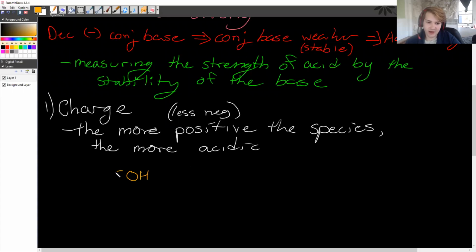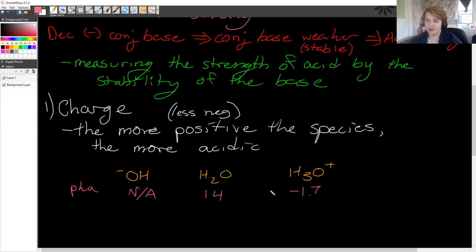Here we have OH minus versus H2O versus hydronium ion. If we wanted, we could take a look at the pKa values, and we could say that this is not even an acid, doesn't even have a pKa value. The pKa of water is 14, and the pKa of hydronium ion is negative 1.7.